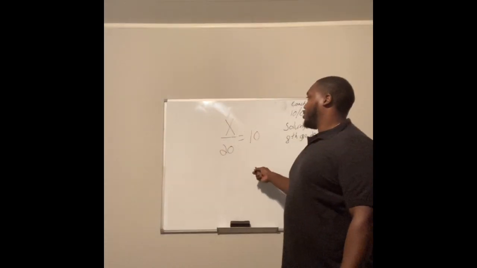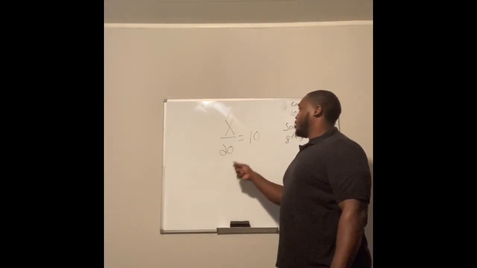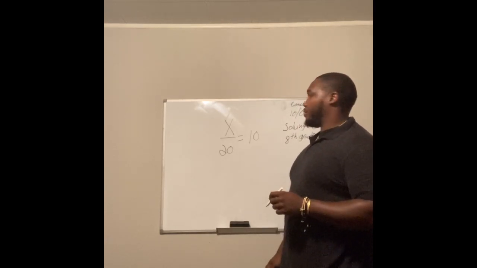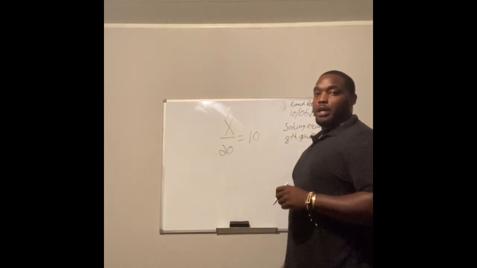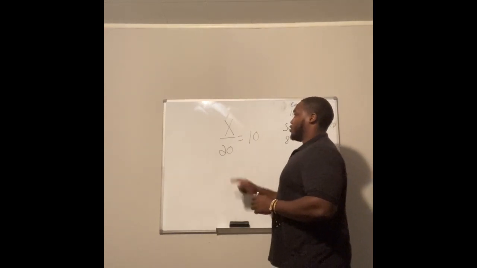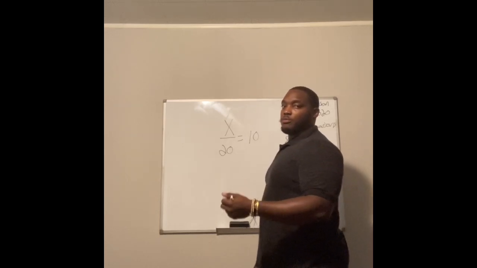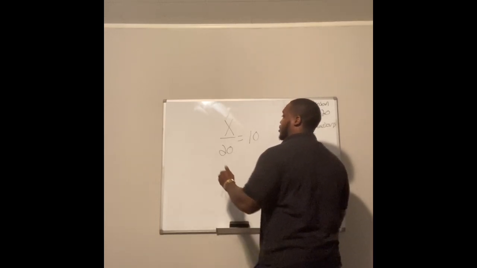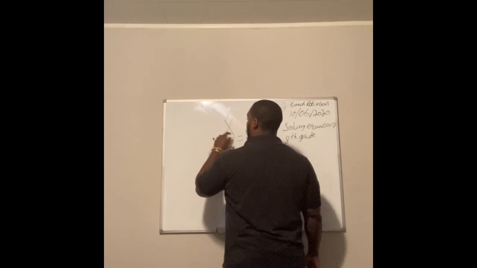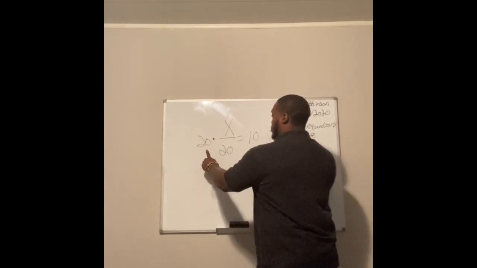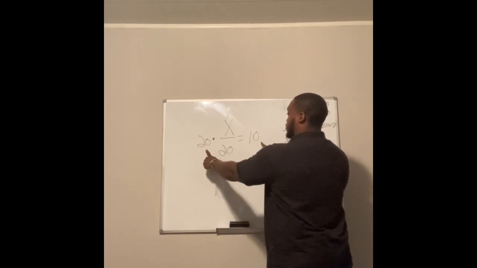This example, we have x over 20 equaling 10. In order for us to isolate the variable x, we have to times it by the denominator. This is a division problem essentially, so we have to do the opposite, which is multiplication. So we're going to times x over 20 by 20 on this side, and whatever you do to one side of the equal sign, you have to do to the other.